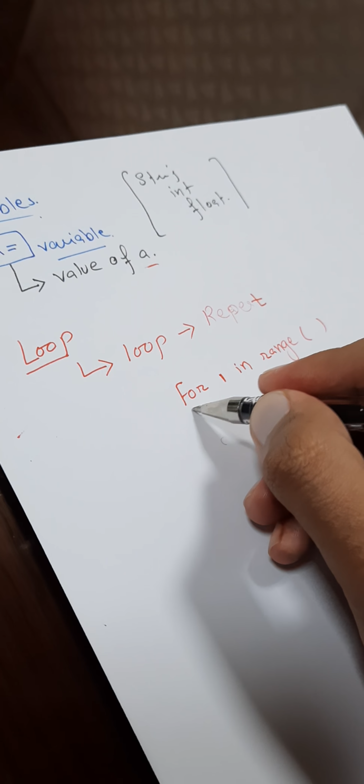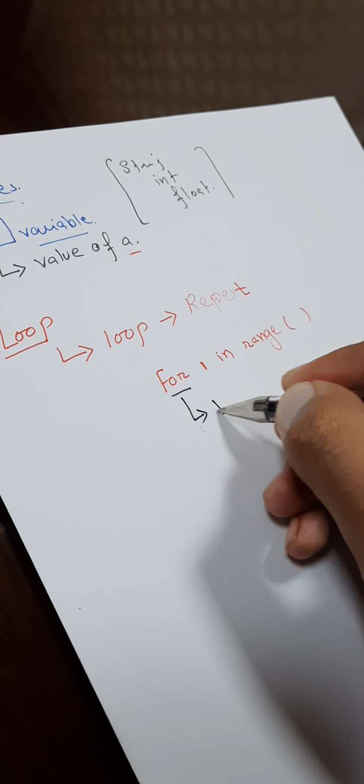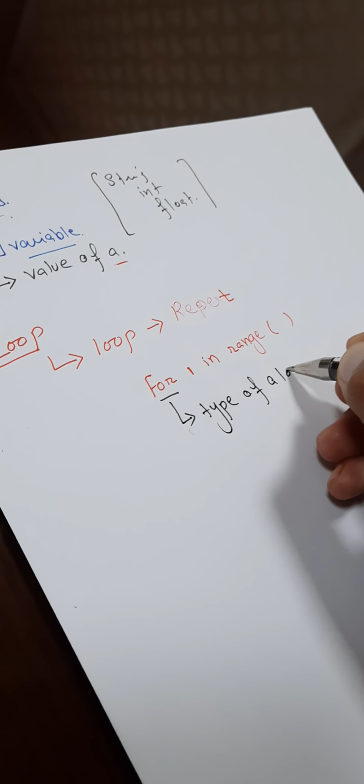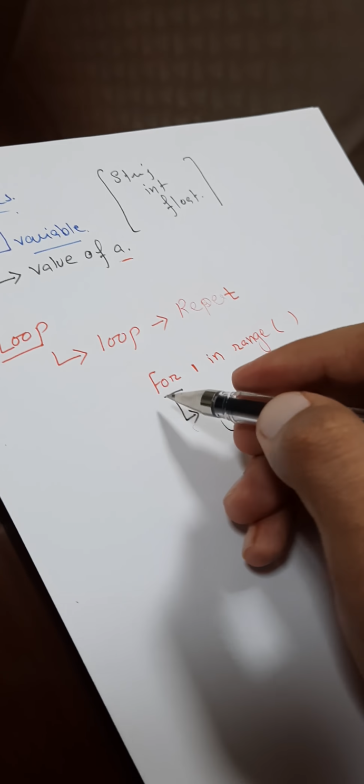If I say for i in range of something, it means for is a type of loop. It's just a name.